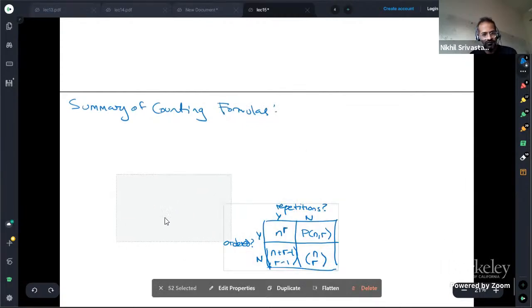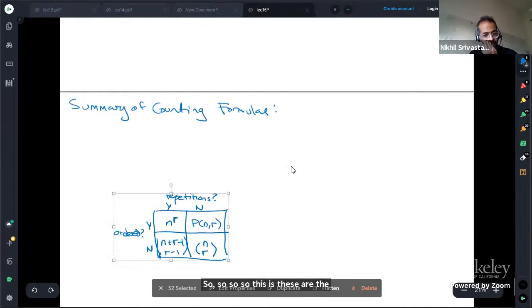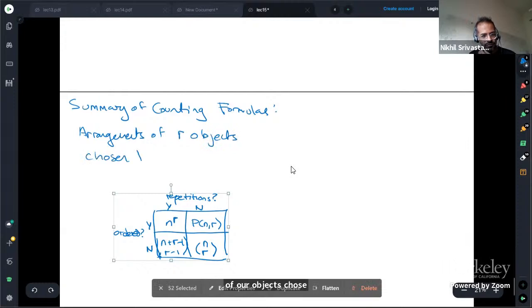So these are the formulas for arrangements of r objects chosen from n objects.